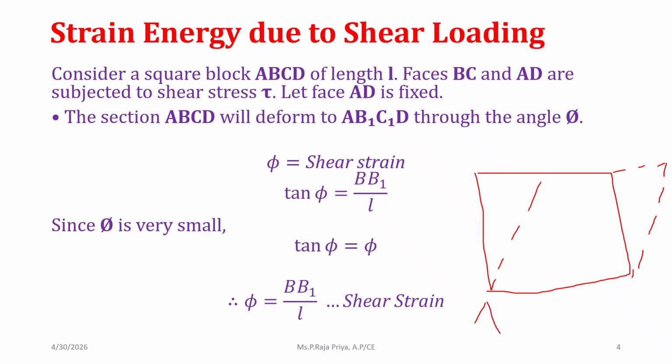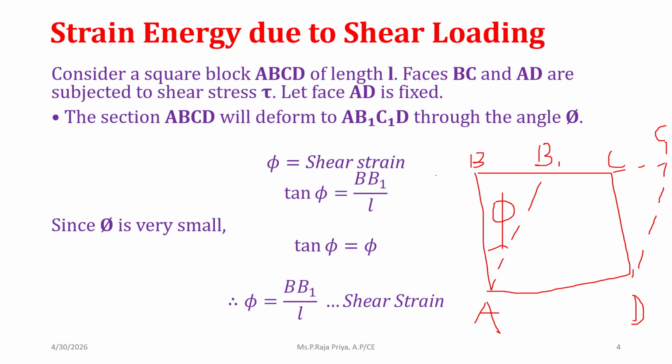We have taken this as A, this as B, this as C and this as D, and the deformed position is B1, C1, and the strain they have undergone due to this loading is phi. From this diagram, I have already told you this phi represents the shear strain.